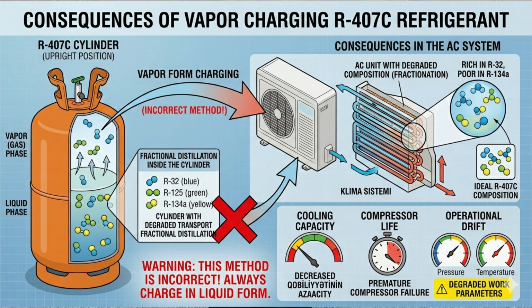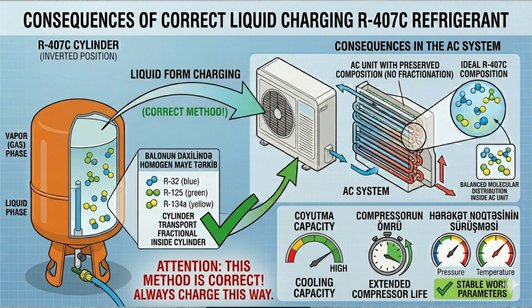But since all the freon that replace R22 consists of mixed gases and cause a temperature glide problem, charging them into the AC in gas form leads to the consequences you see in the picture. For this reason, these gases must be charged into the system only in the form you see in this picture, in a liquid state with the cylinder turned upside down.